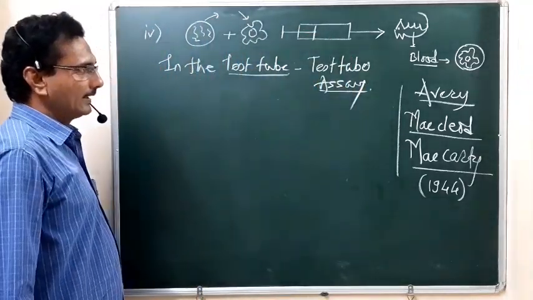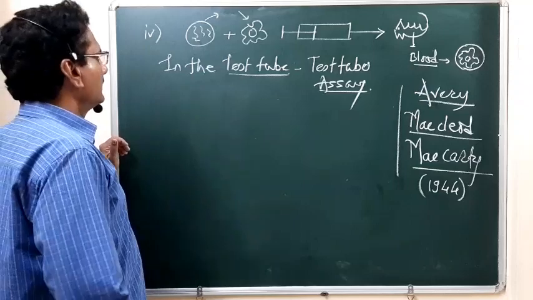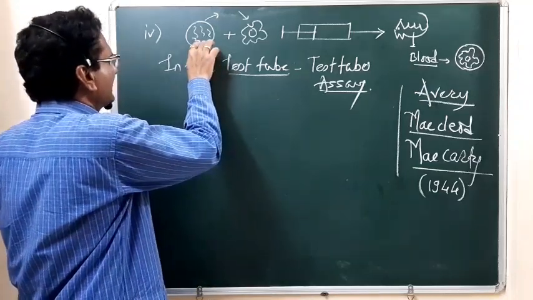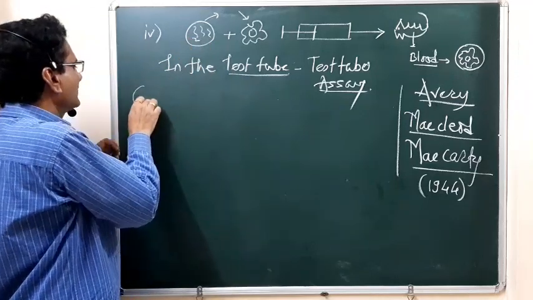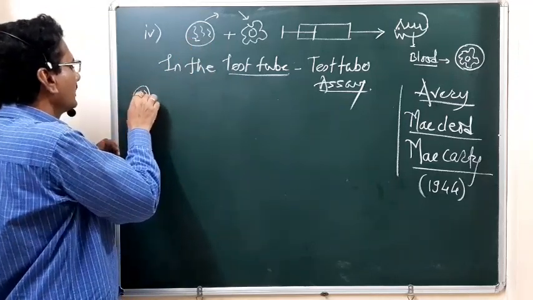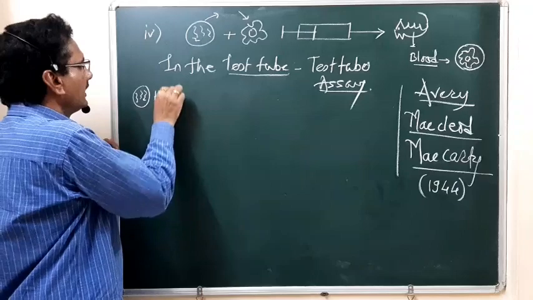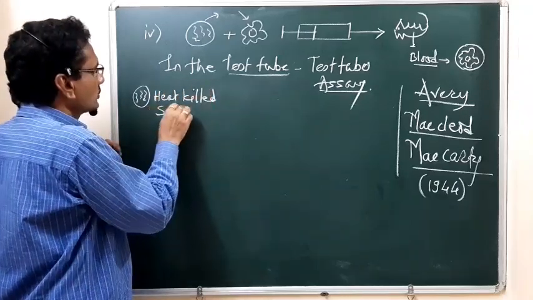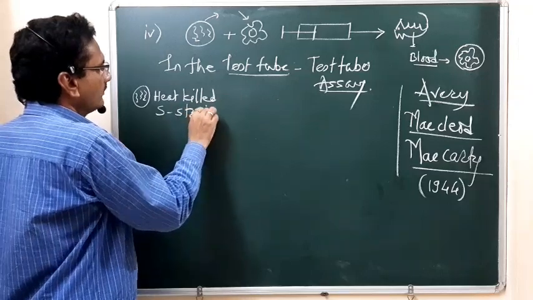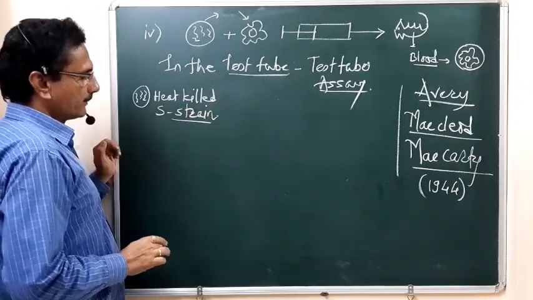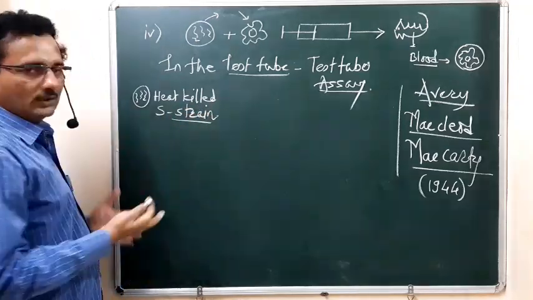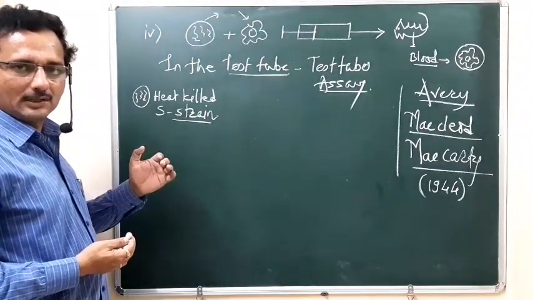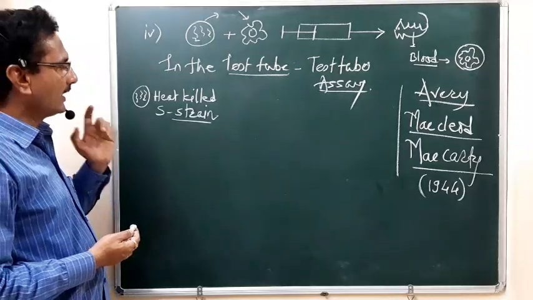What they did there was isolate all the components from the heat killed smooth strain, because of the conclusion made by the scientist Fred Griffith.